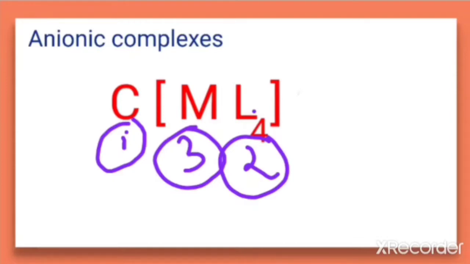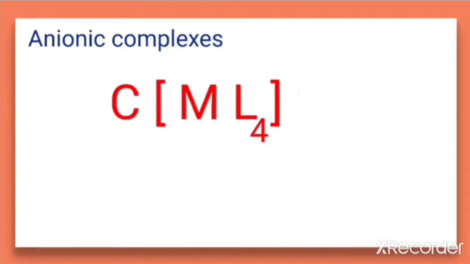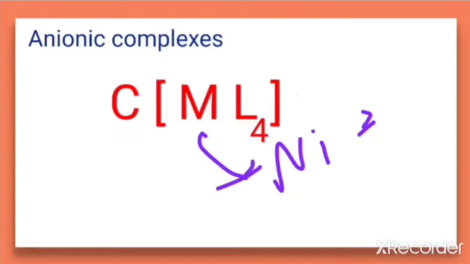But when naming the central metal ion, one important point we need to follow: the metal, like if it is nickel, then its name should end with ate, that is nickelate. Instead of writing nickel, we have to write nickelate. That is for the case of the central metal ion in the complex.